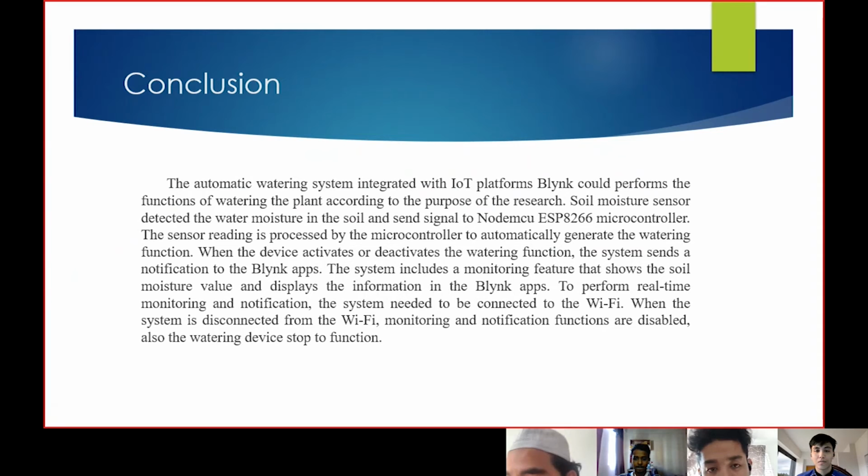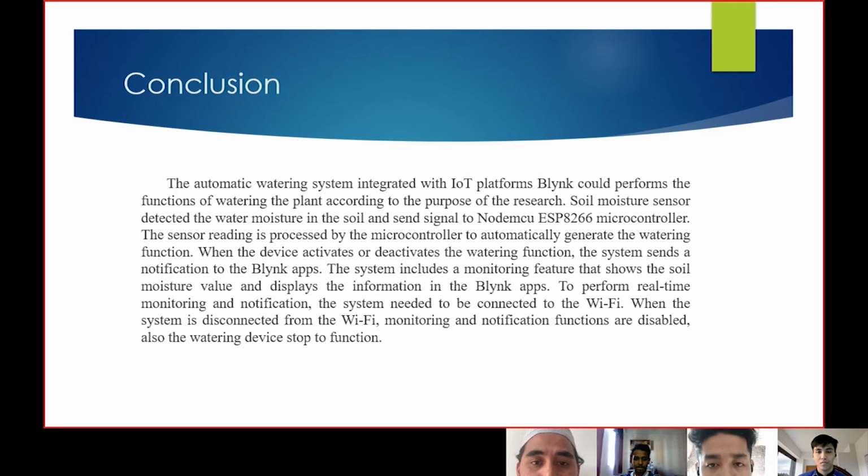Okay, I will continue the session. Last but not least, we all agree on the conclusion that our project is to help farmers ease their work, and the automatic watering system is integrated with an IoT platform.